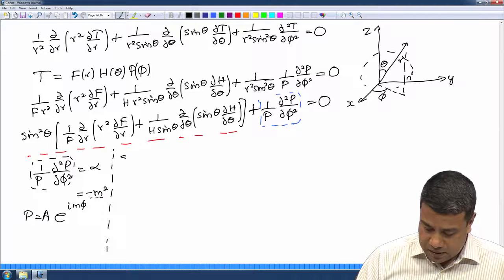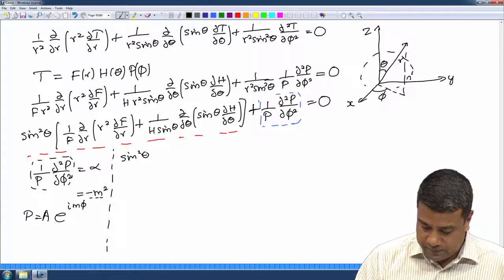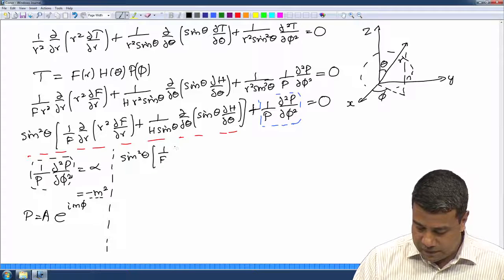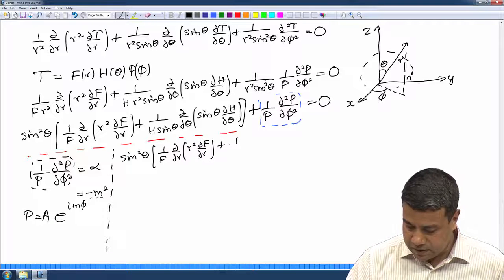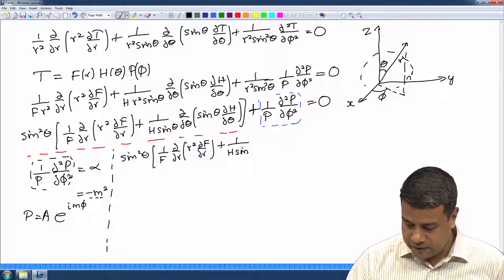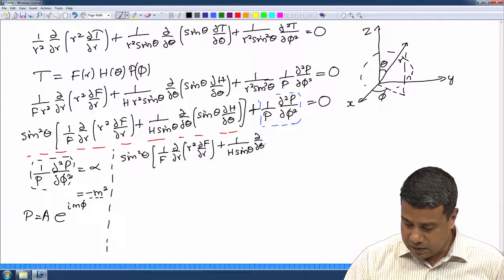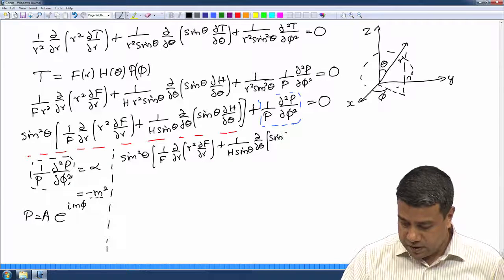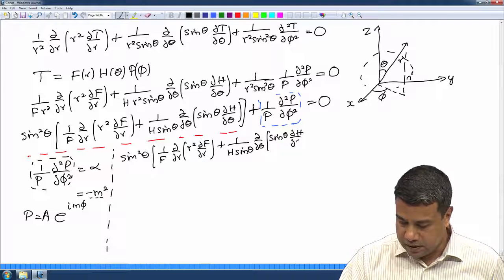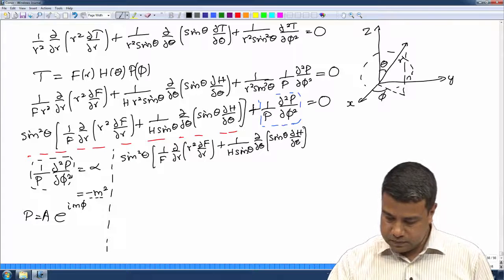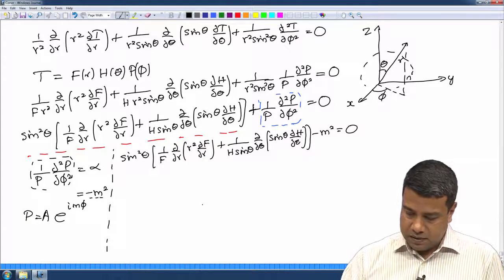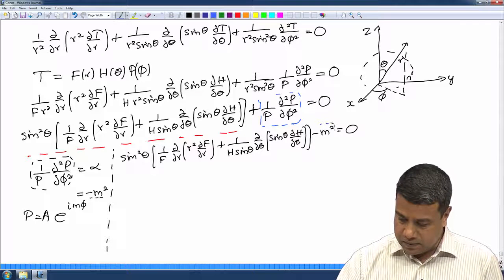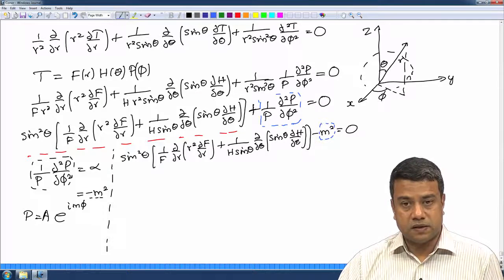I know that sine square theta into 1 over f d by dr of r square df by dr plus 1 over h sin theta d by d theta of sin theta dh by d theta, minus m square has to be equal to 0, because this was equal to minus m square, where m is an integer.